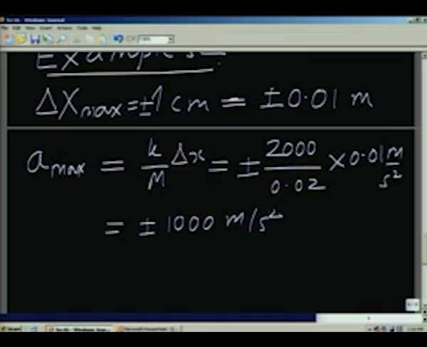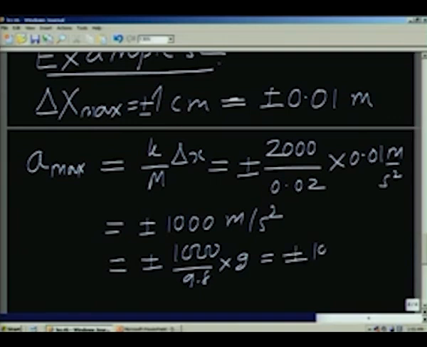I just want you to notice the magnitude, it is a very large acceleration. If I actually divide it by the acceleration due to gravity, so 1000 divided by 9.8, 1 g is equal to 9.8. We can see this comes out to plus or minus 102 g.